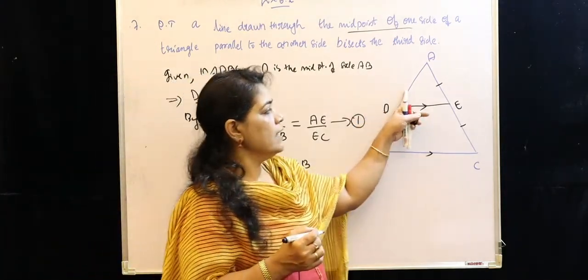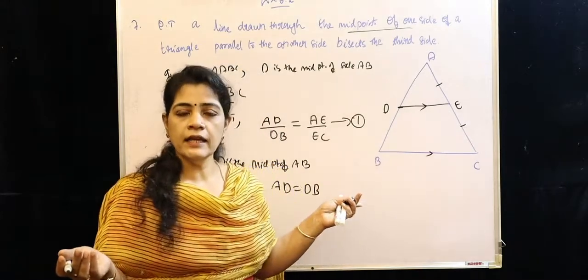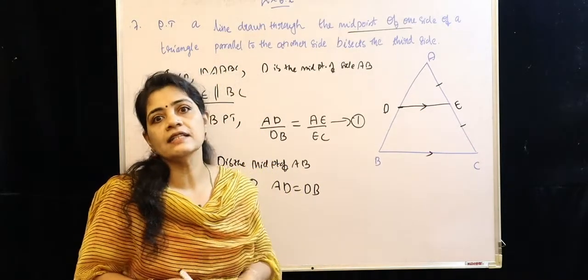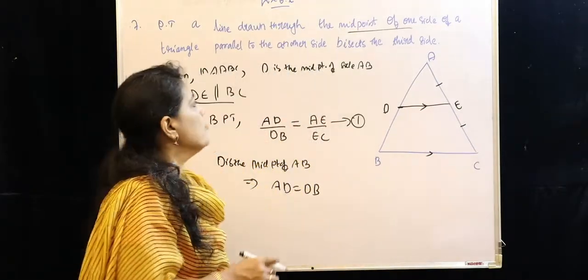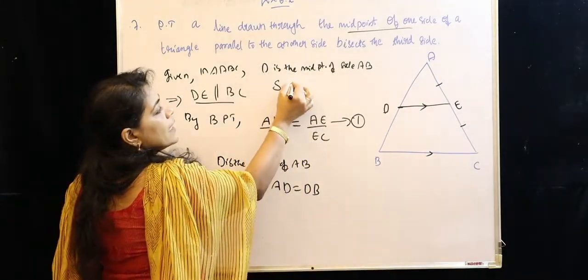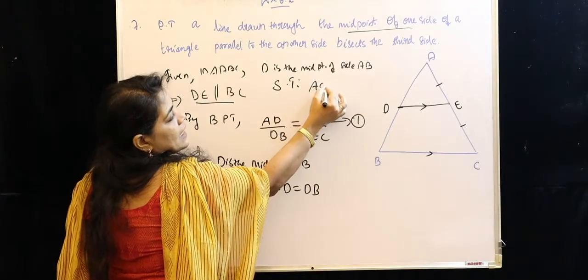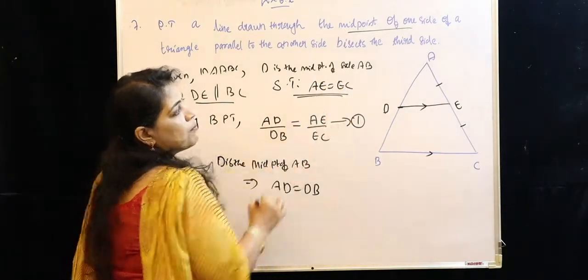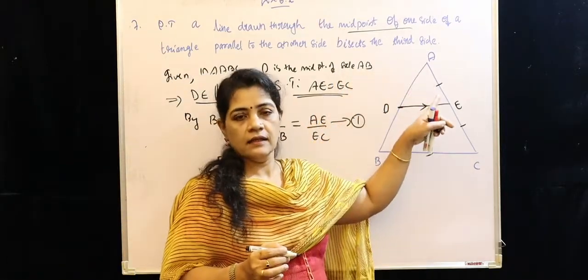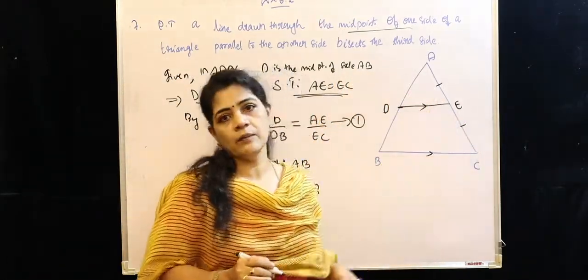It is given that D is a midpoint, but we have to show that AE equal to EC. This is the required proof: E is the midpoint of the third side.